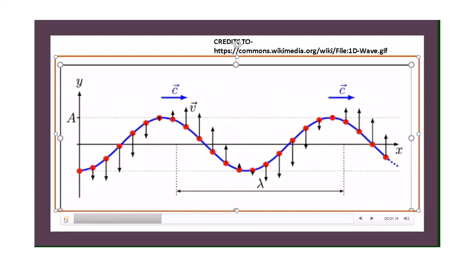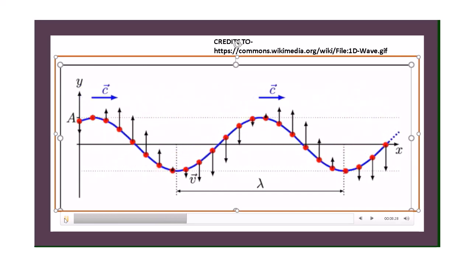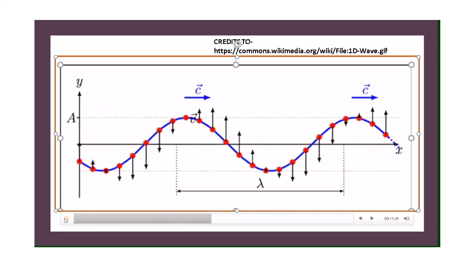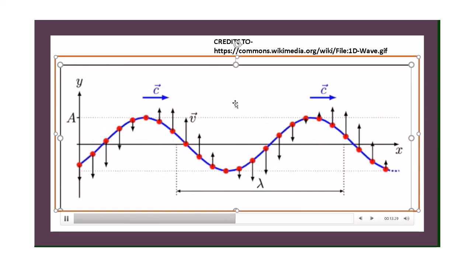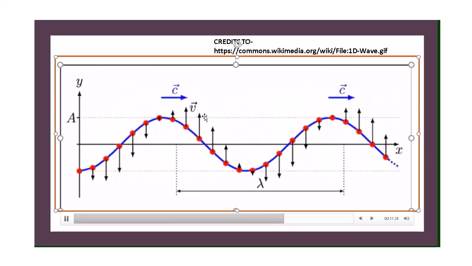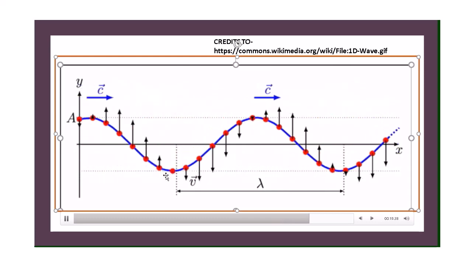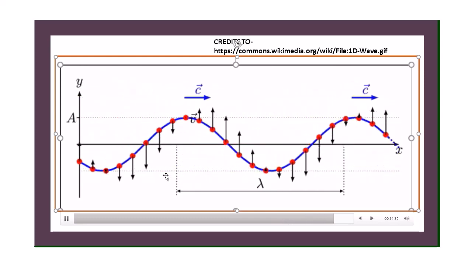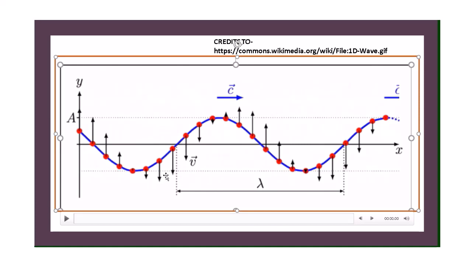Please observe carefully the arrowheads and the blue arrows here. They show the direction of motion of the wave, while these arrowheads are the particles that are moving up and down in the vertical direction.